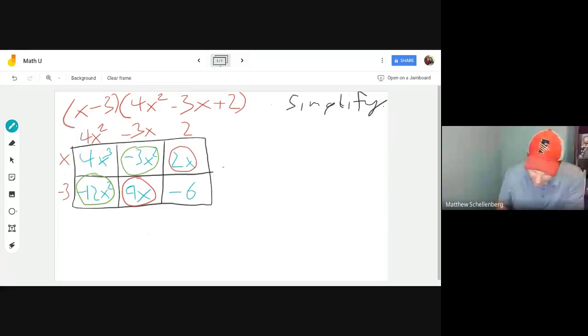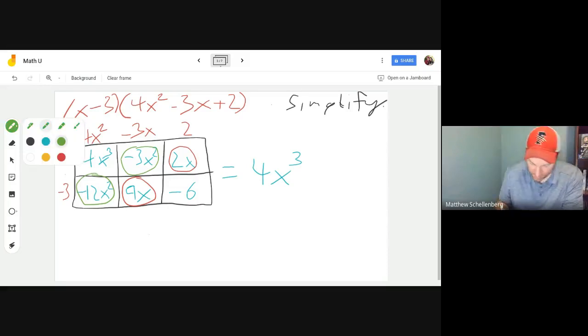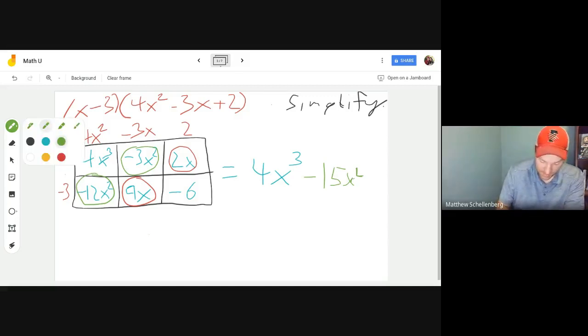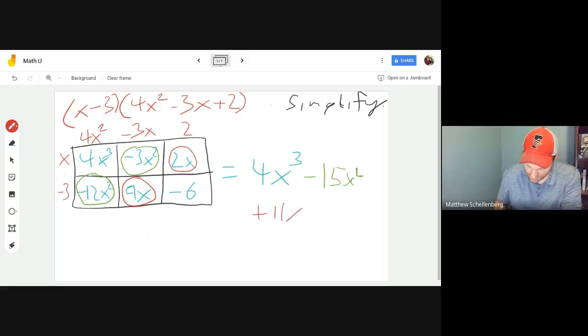So this means that this is 4x cubed. And then we'll add the green ones together. -12x squared minus 3x squared, that's -15x squared. I'm running out of room there, so I gotta go down below. 9x plus 2x is 11x, plus 11x.